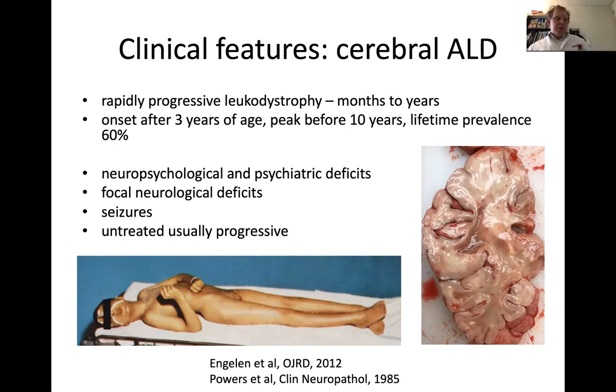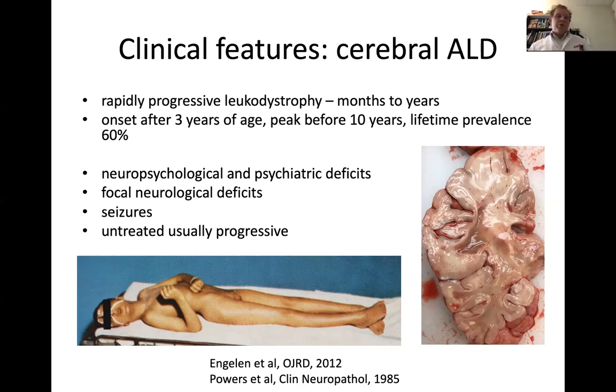So in children, it's usually a learning difficulty, and in adults, dysfunctioning at the workplace, or sometimes overt psychiatric disturbances. But usually the cause is only identified in retrospect, usually only when focal neurological deficits like a hemiparesis or epileptic seizures or severe other neurological deficits occur, that patients are referred to the hospital and the diagnosis is made.